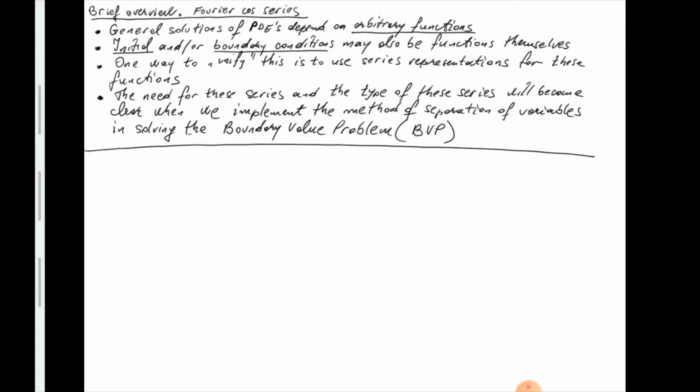So just to make it clear, when you have a single variable function, the domain is basically a segment of a line, I mean, an interval, let's say, on the real line, because the only variable is the time. So the boundary of that domain is just the endpoints of that interval.